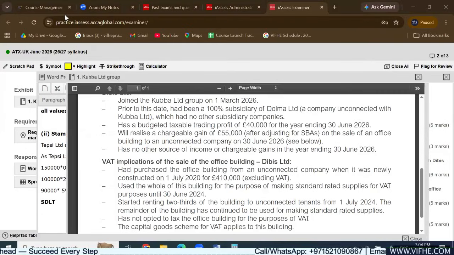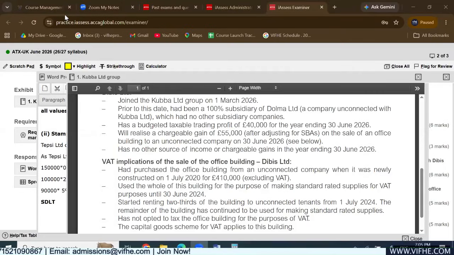If a building is more than 3 years old, then it will be treated as exempt disposal for VAT purposes. Altogether, the whole of the building will be treated as exempt disposal. Are you getting my point?